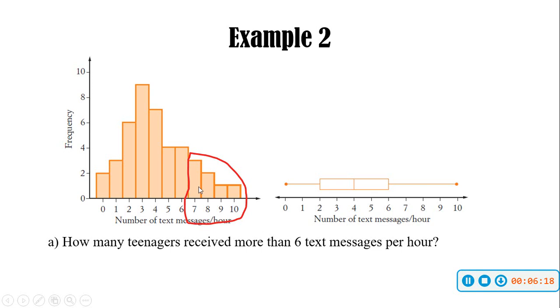So if you look at the frequency of each column for 7 text messages, 8 text messages, 9 and 10, and then take the total, it's 3 plus 2 plus 1 plus 1, which is equal to 7 teenagers receiving more than 6 text messages per hour.